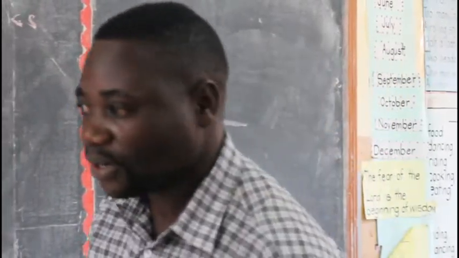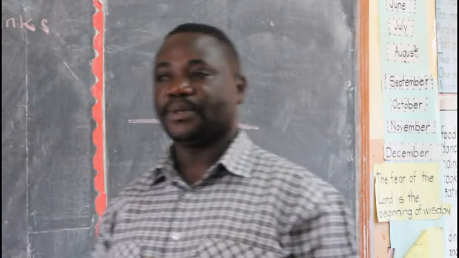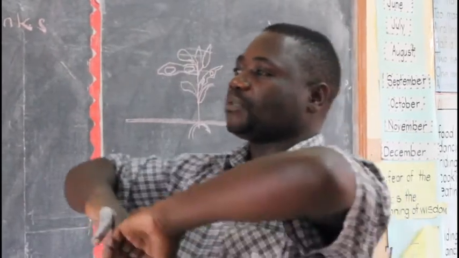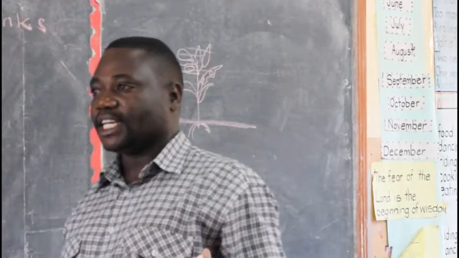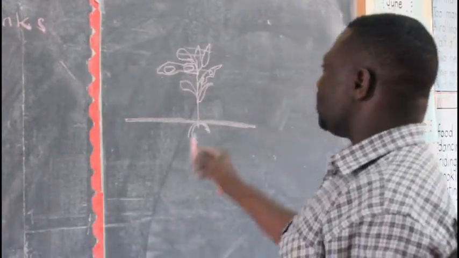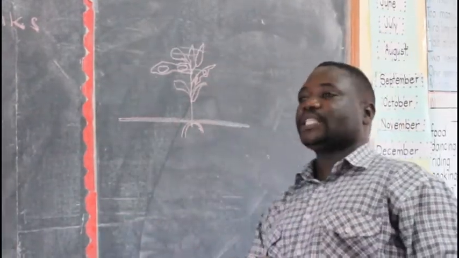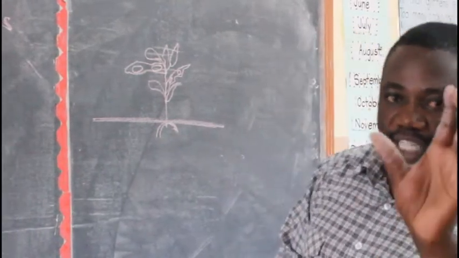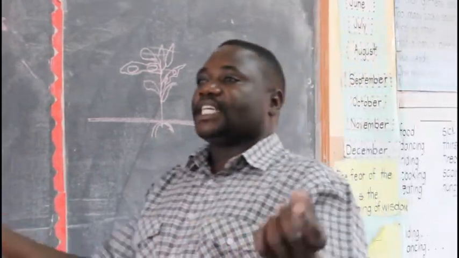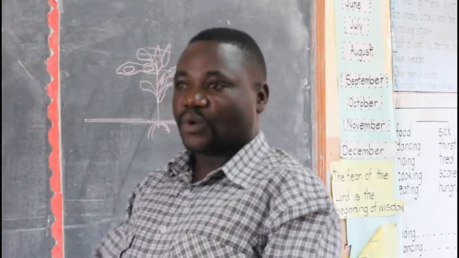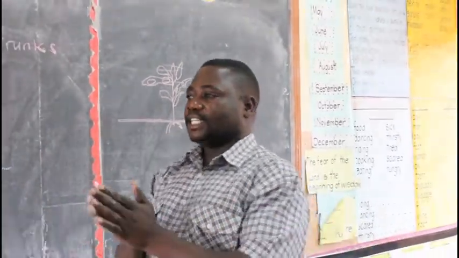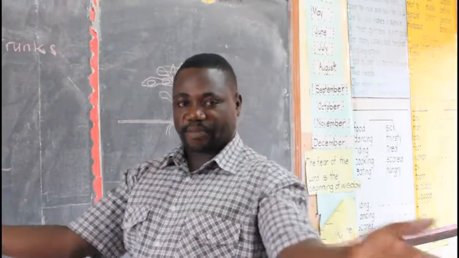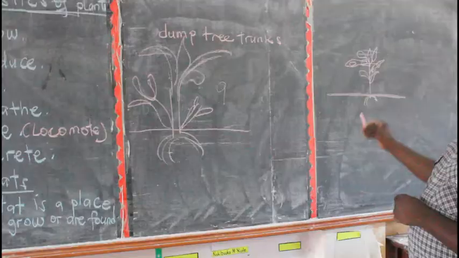We have what we call seed dispersal. Seeds are dispersed to various places. In which way? We have some seeds which are dispersed by people. We have some other plants which are dispersed by themselves. When there is too much heat, they split and seeds scatter in different places. That's what we call dispersal.